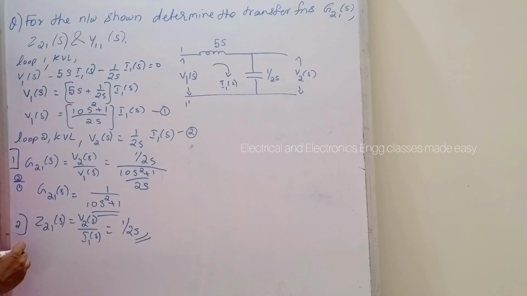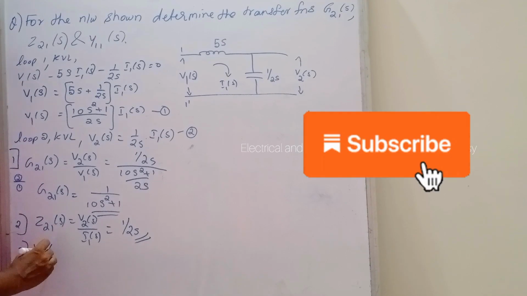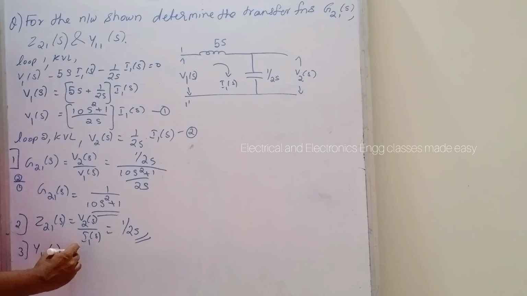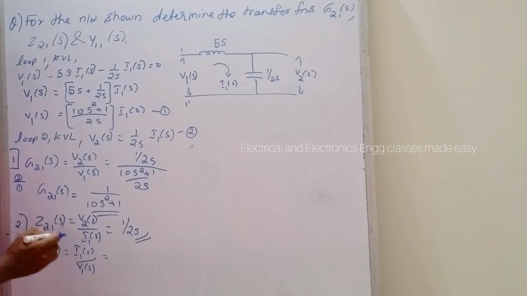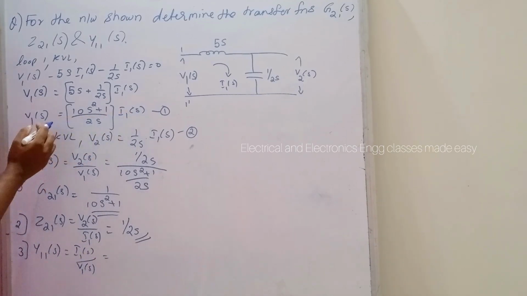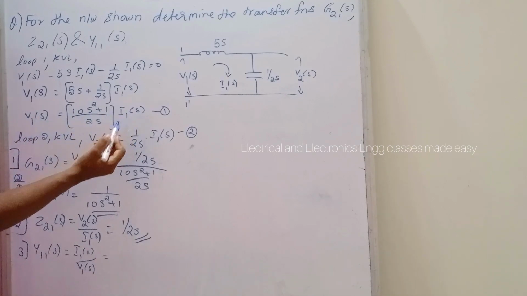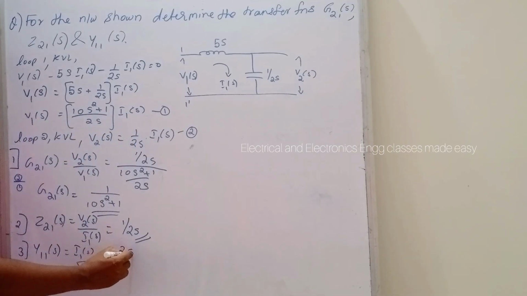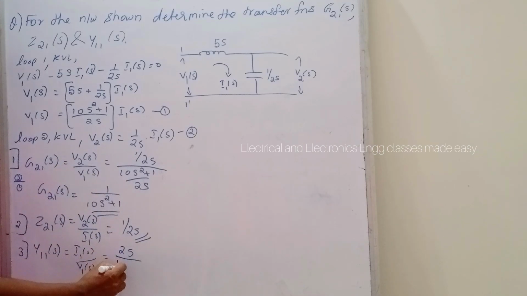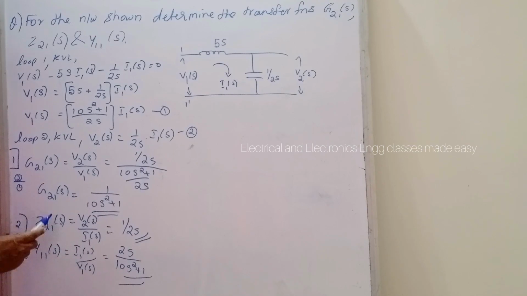The next question is to find the value of Y11 of S. Y11 of S is the admittance, that is I1 of S divided by V1 of S. From the first equation we have I1 of S divided by V1 of S is 2S divided by 10S square plus 1. So these are the values of G21 of S, Z21 of S and Y11 of S.